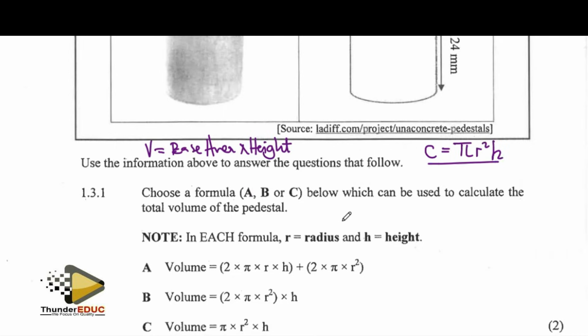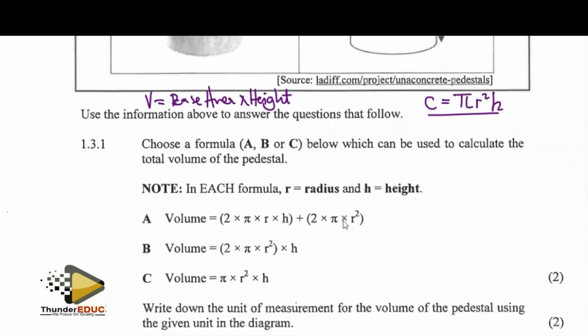So you come here, volume of a cylinder. Volume of a cylinder equals pi r squared h. So we shall come here and look for which volume. This one here? No. Which one? This 2 pi? No, my formula doesn't have 2. So volume equals to this, then this is the right answer. So the answer is supposed to be C.